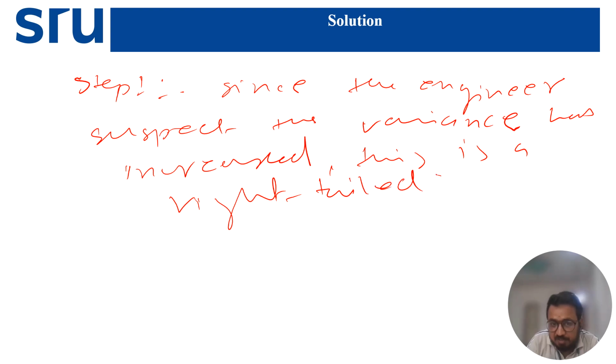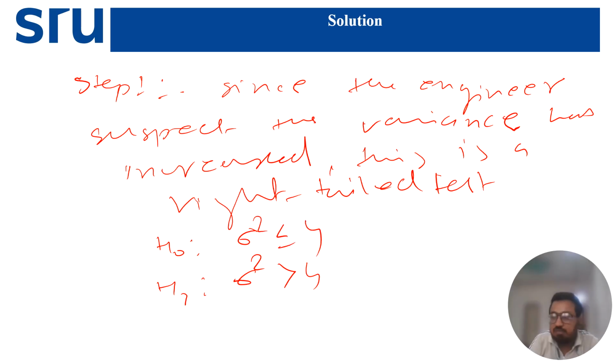So first we take the alternative hypothesis, because this is sigma square greater than 4. The null hypothesis is just the opposite of this one, so sigma square is less than or equal to 4.